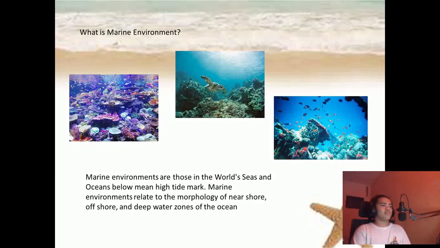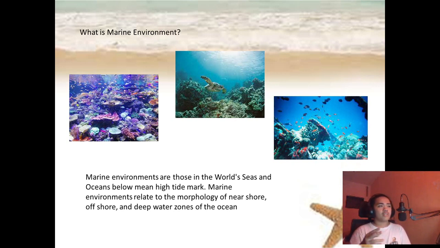So, what is marine environment? When we hear the word marine environment, we always think about the ocean and the marine lives in that ocean. So, that's true. Marine environments are those in the world's seas and oceans below the high tide mark. Marine environment relates to the morphology of near shores, offshores, and deep water zones of the ocean.